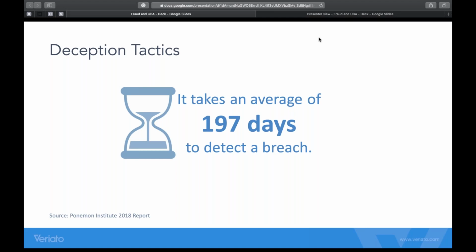And so today, this is a stat that has been slowly diminishing. I think back in 2015, it was up near the high 200s. But in 2018, it was reported that it usually takes an average of 197 days to detect a breach.